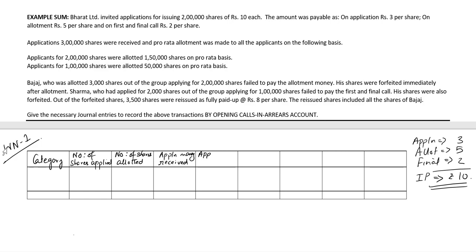Application transferred to share capital. Refund. Allotment money due. Excess application to allotment. And the last column, bank to allotment.